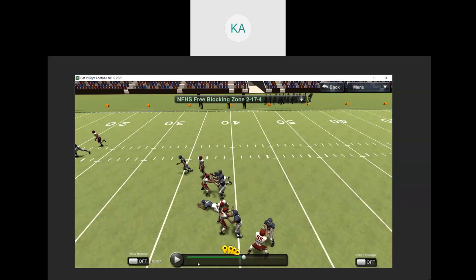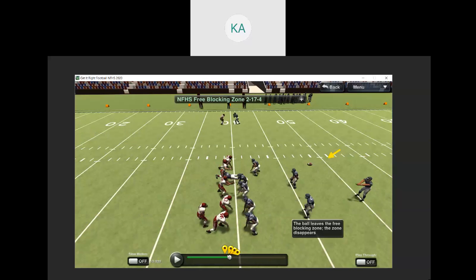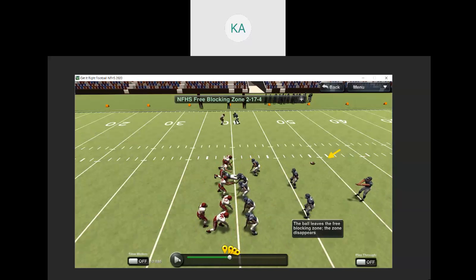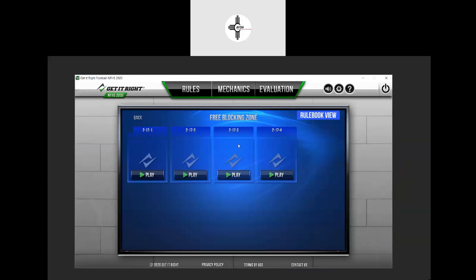But you're absolutely right. In a shotgun formation or a scrimmage kick formation, that ball's going to leave that free blocking zone pretty quick. At that point, all bets are off. Hey, Bob, let's go back to the free blocking zone on the play before with the block in the back.